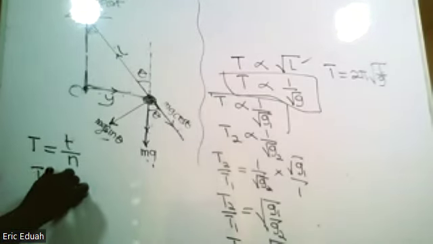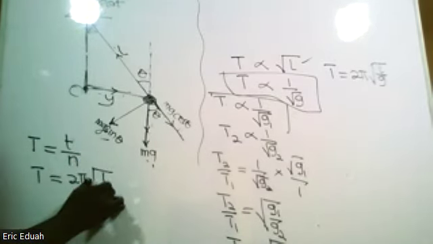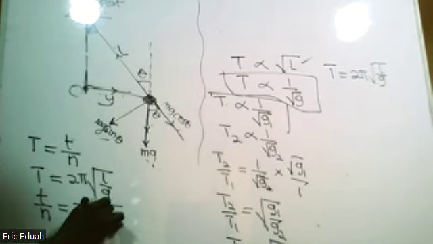So if T is equal to 2 pi root L over g, because period is also equal to this, I can also equate T over N to 2 pi root L over g. And we use this relation in the lab without doing the experiment.